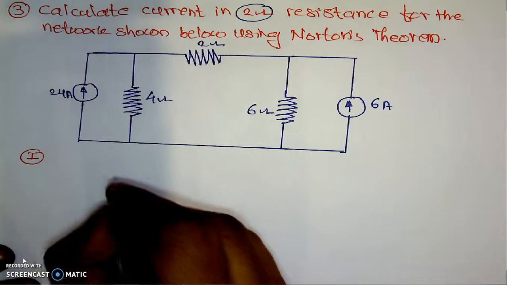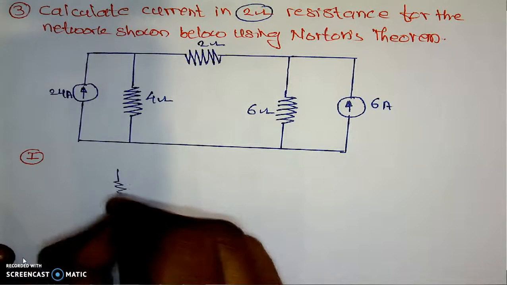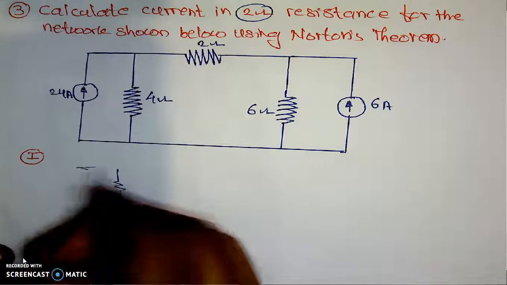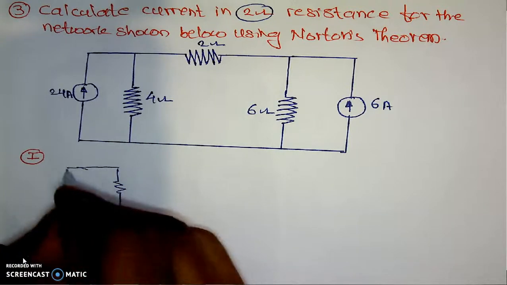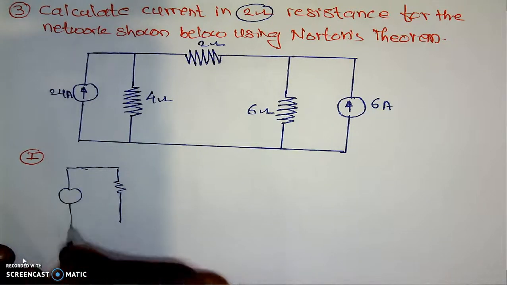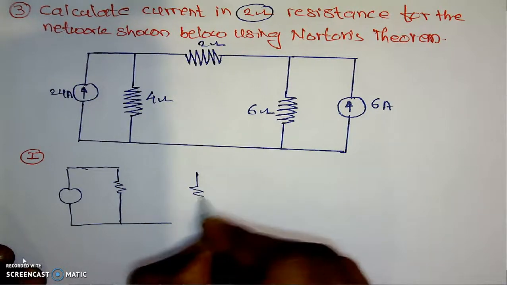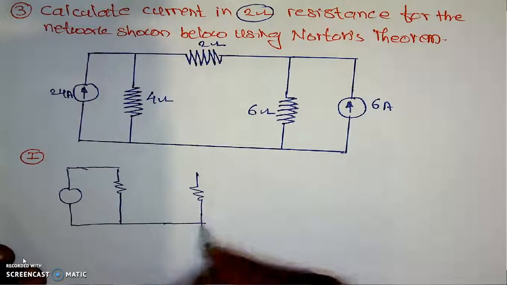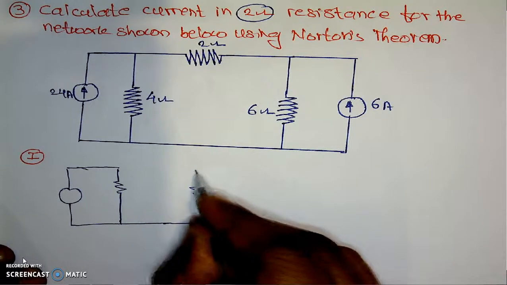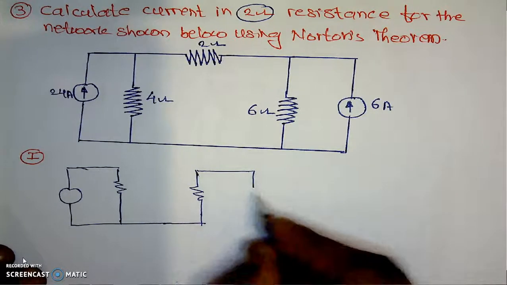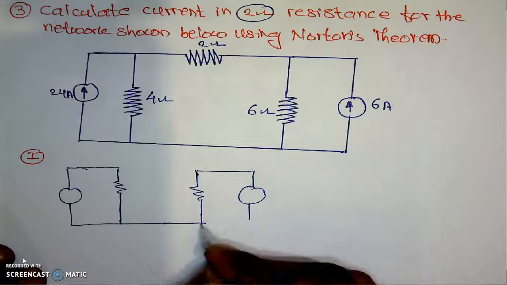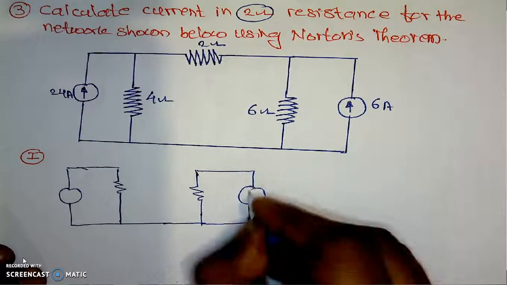For this case, if we are doing that, then figure will be something like this. We are removing the load resistance and shorting the output terminals.